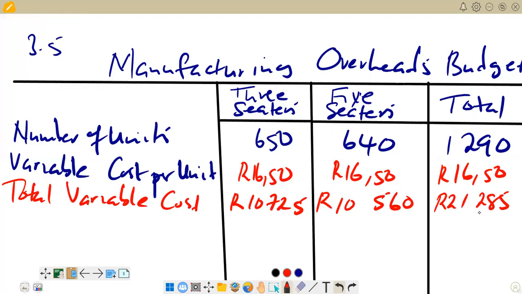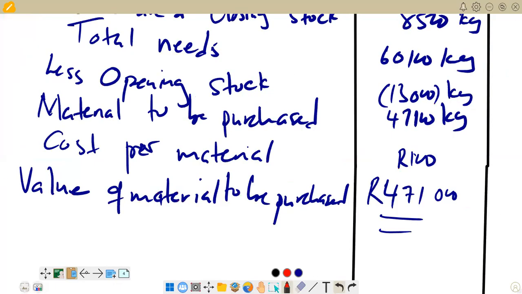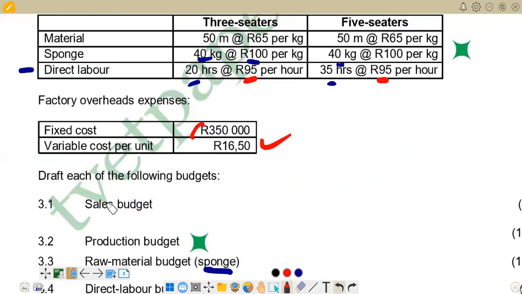Right. Then we now add variable plus fixed costs. Remember the figure for fixed costs, we can go back to just confirm that figure, but it should be 350,000. Then go there for fixed costs, we are given it there. Right, this is the figure for fixed costs, which is our 350,000 rands.